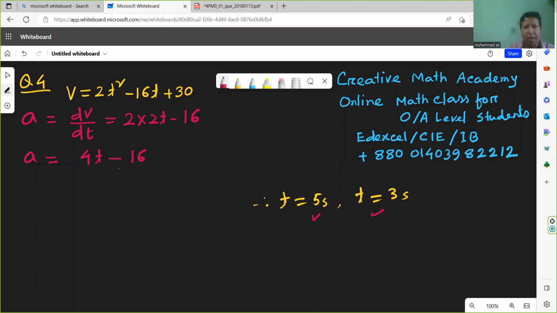So when t equals 3 seconds, acceleration equals 4 into 3 minus 16. It will be minus 4 meters per second squared.